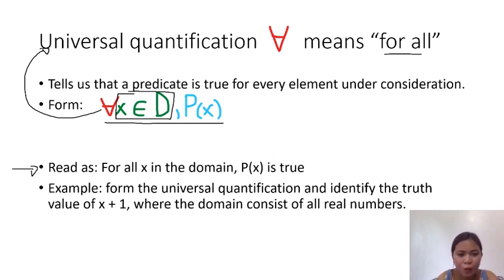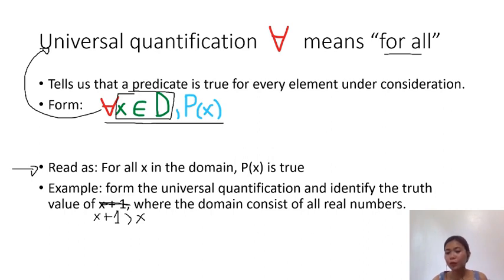In my example here, kulang to ng greater than X. So, it should be X plus 1 is greater than X. So, for example, let's form the universal quantification and identify the truth value of X plus 1 is greater than X, where our domain consists of all real numbers.